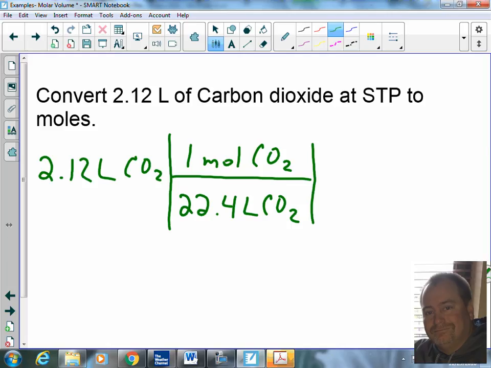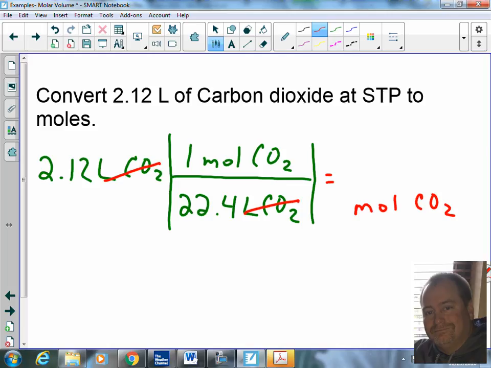I go back and look, do I get a cancellation of my labels? I do, because I have liters of CO2, liters of CO2. So I have now converted this into what? Into what? Moles of carbon dioxide. I go through and I do my math.